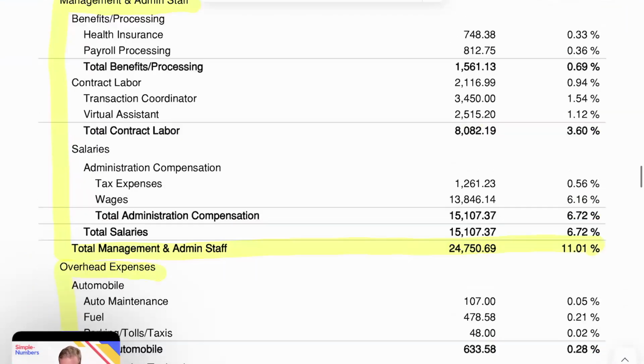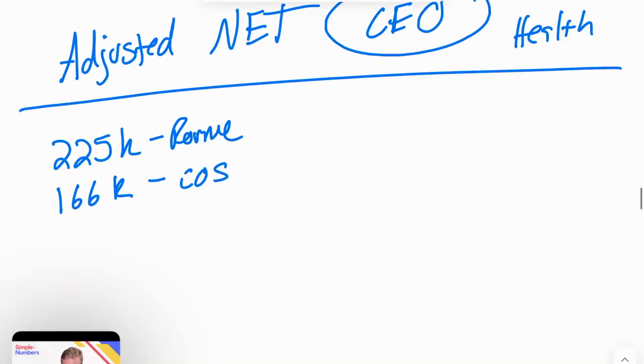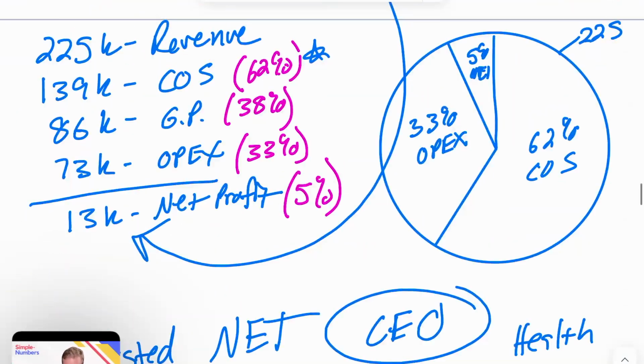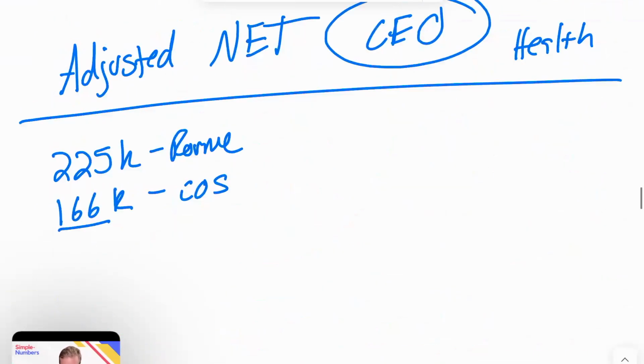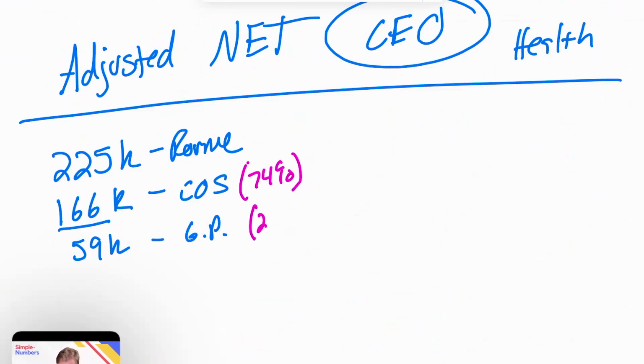So if we go back into our adjusted net, we would have paid out $166,000 in cost of sale versus $139,000. So that new percentage would have been 74%, which means we would have only kept $59,000 in gross profit, which would have been the remaining 26%.